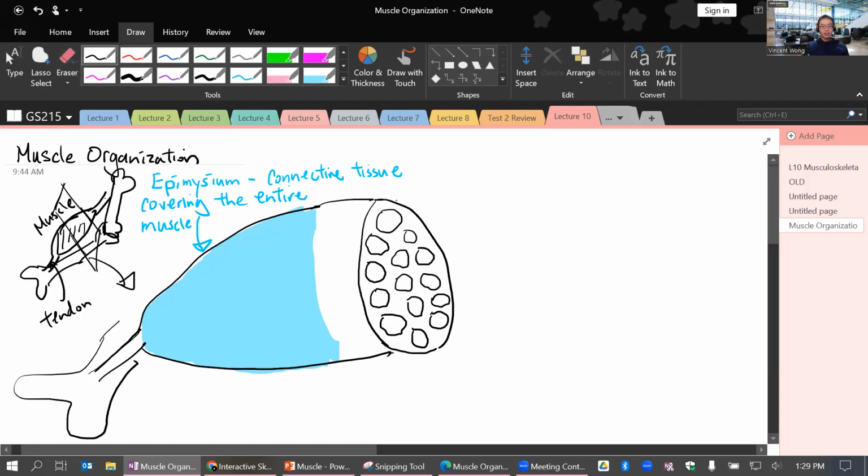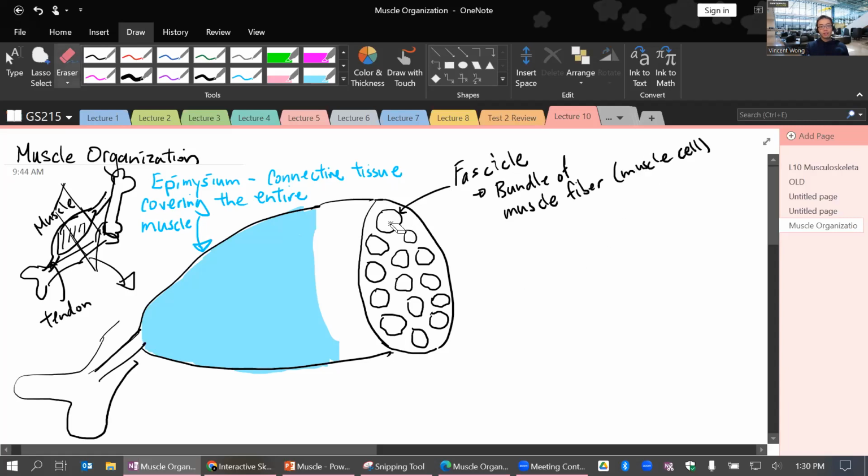So one of these things is called a fascicle. Sorry, fascicle. Okay, like icicle, but fascicle. And a fascicle is a bundle of muscle cells, which are called muscle fibers. Muscle cell.